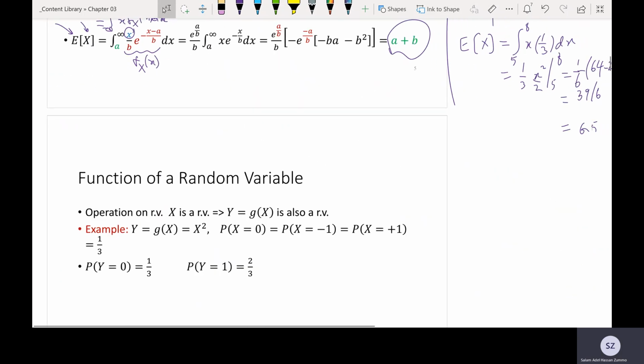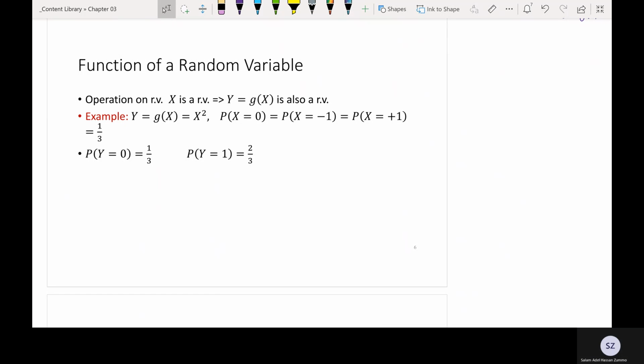And now if we have a function of a random variable, like the following. For example, we have a random variable x, and we have y, which is g of x. Voltage and power, this is a typical example in electrical engineering.